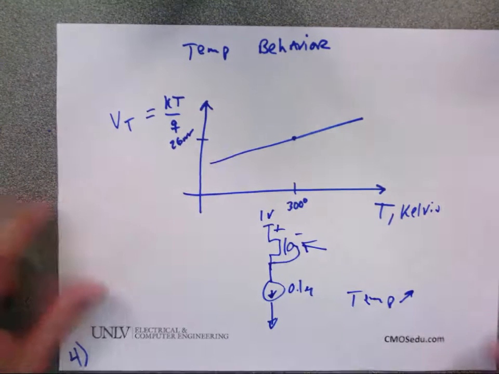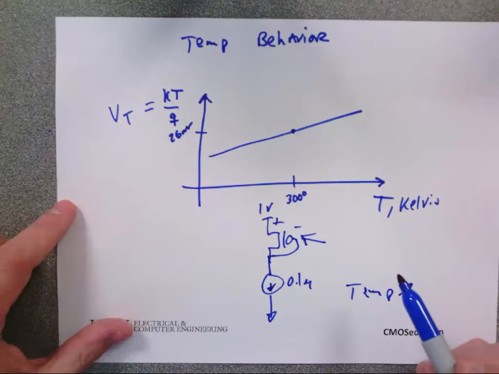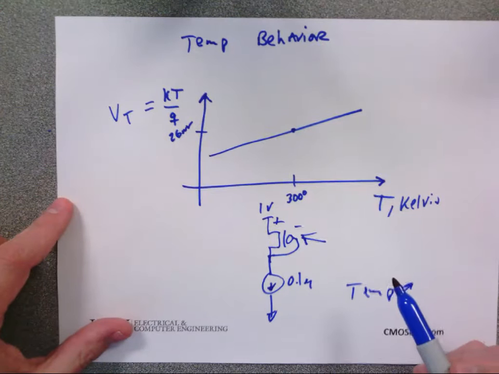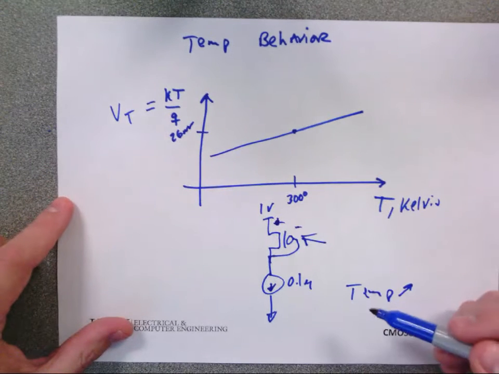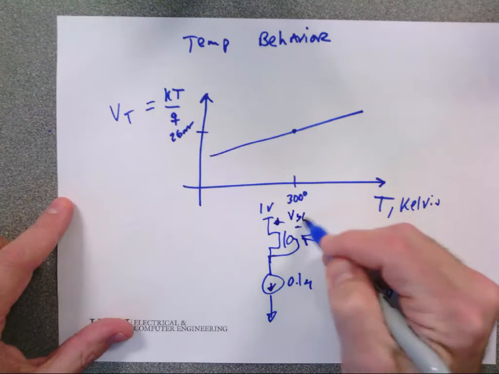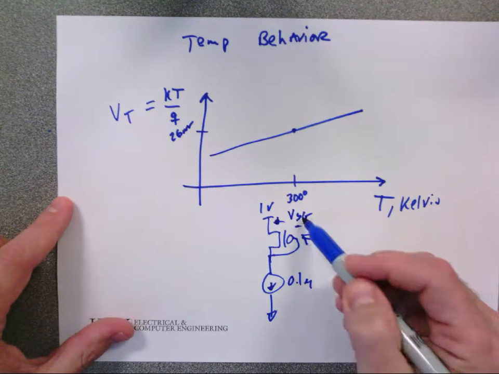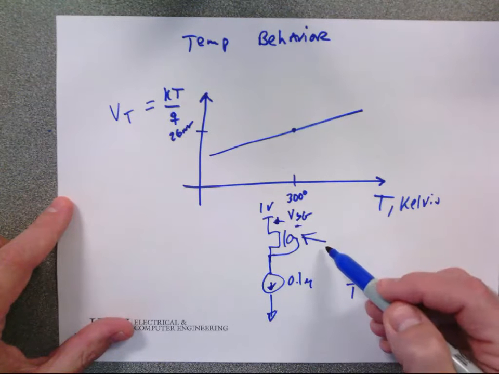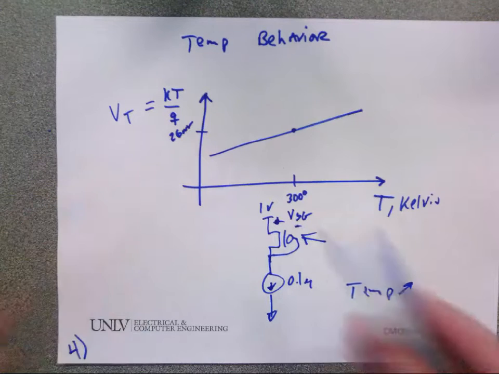Let me ask a simpler question. If VSG goes to 0, what's this voltage? If the potential between here and here is 0, it's 1 volt, right? If VSG is 0.35, what's this voltage? 0.65.